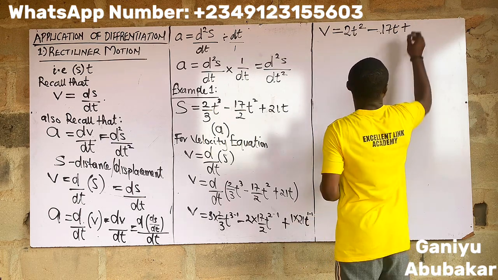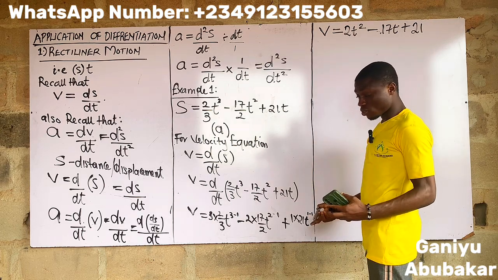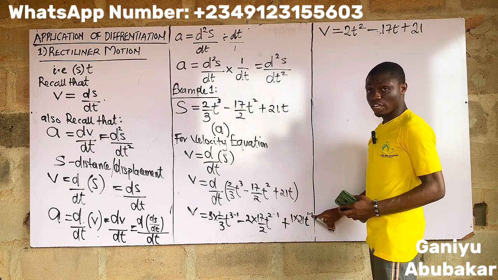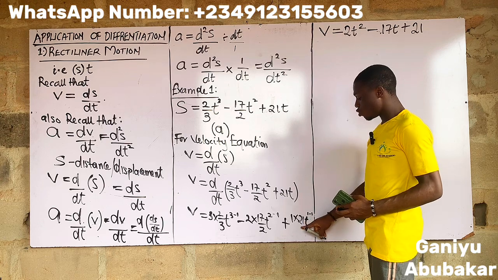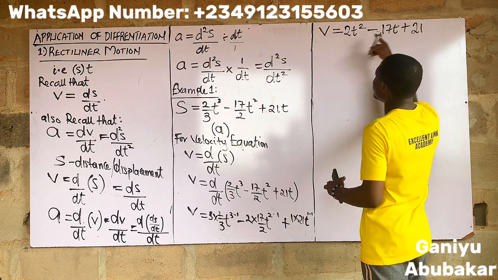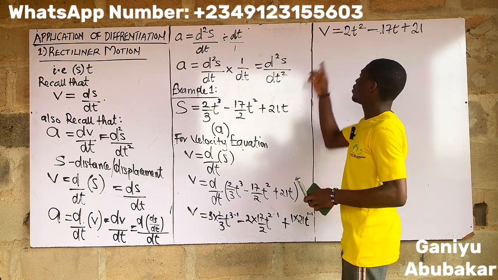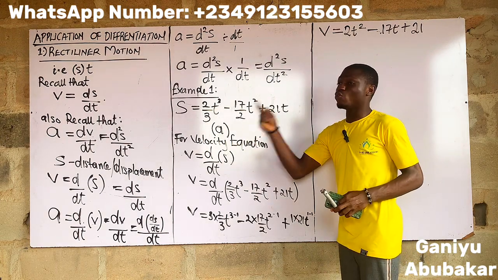That becomes 21. t raised to the power 0 is 1, right? 1 minus 1 is 0. Anything to the power 0 is 1. So I have 21 as my answer. This one becomes my what? Velocity equation. So I got velocity after differentiating this thing once.